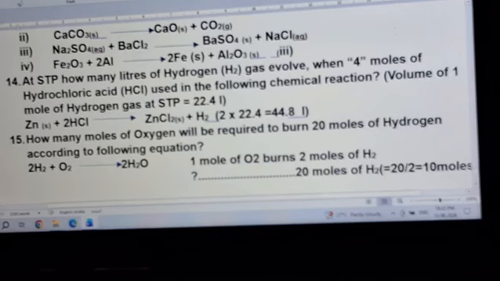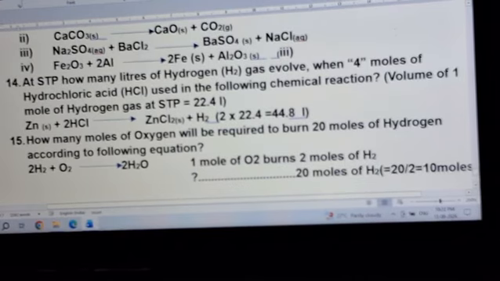How many liters of hydrogen gas evolve when 4 moles of hydrogen chloride is used?